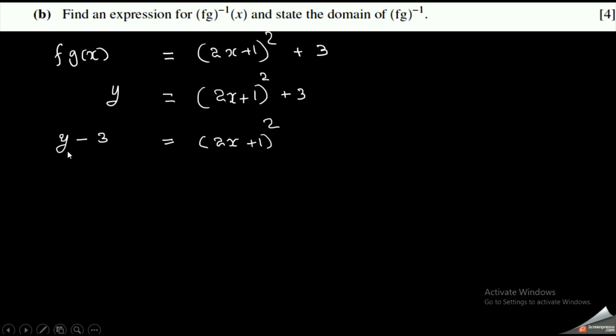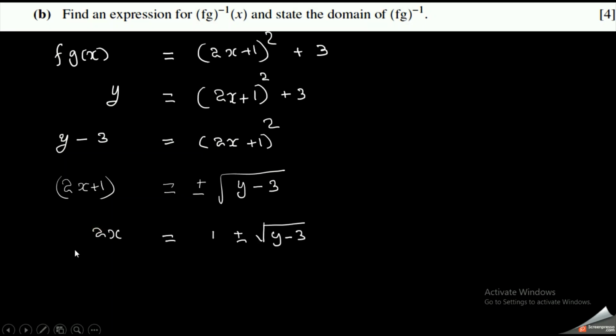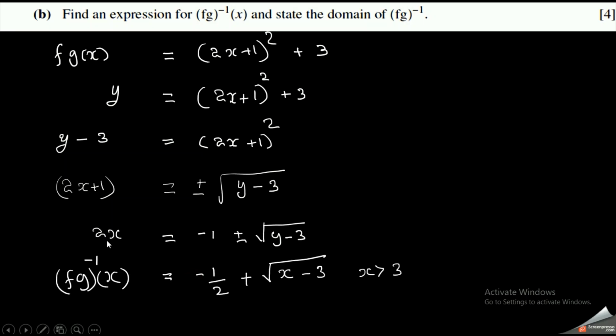We take the square root on either side, and then we have 2x plus 1 is equal to plus or minus the square root of y minus 3. When we take the square root, it is a must to apply plus or minus. Then we can say 2x is equal to minus 1 plus or minus the root of y minus 3, and then fg inverse is equal to this divided by 2 on either side, and y is replaced by x.